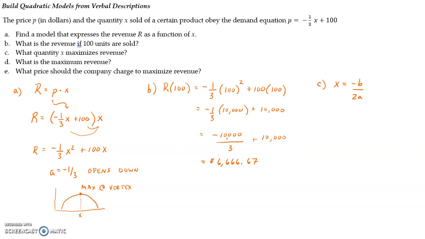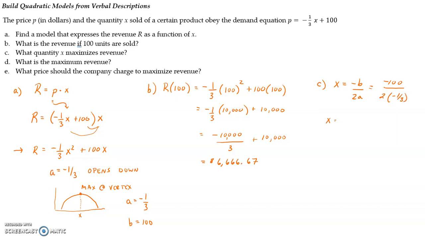And let's get our a and b values off of this revenue function. Keep in mind that we had an a value here of negative 1/3, and our b value was 100. So let's plug those in. We've got negative 100 over 2 times a negative 1/3.